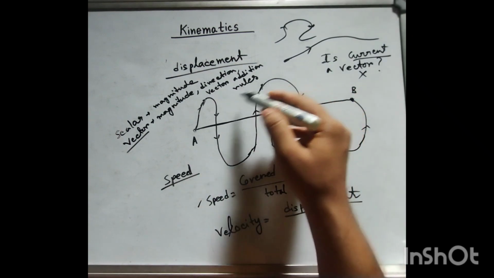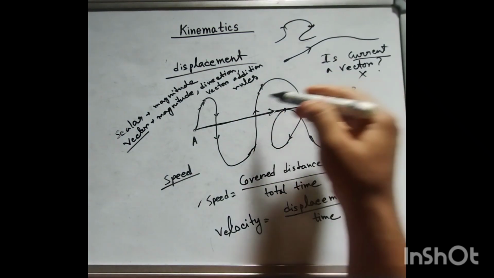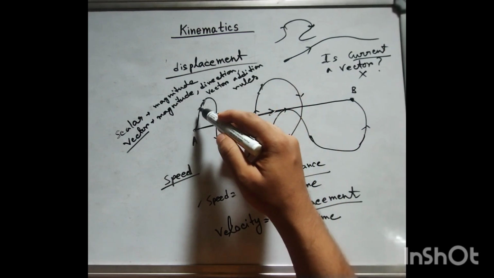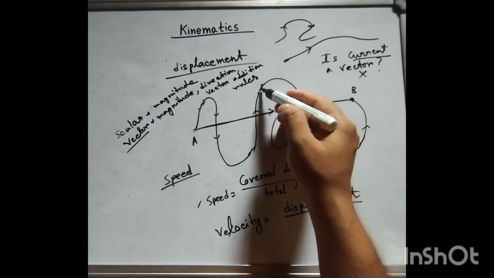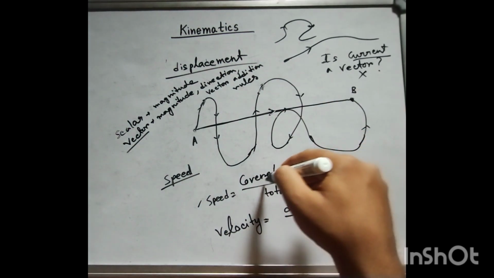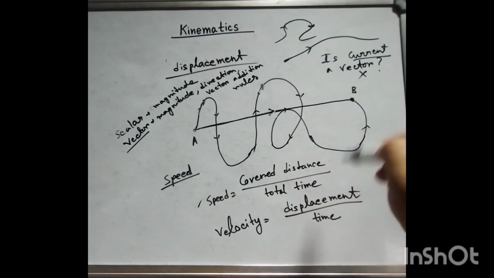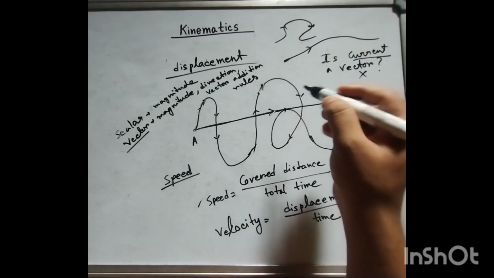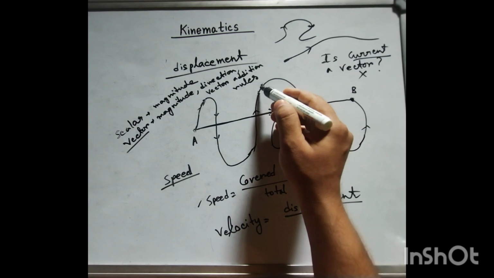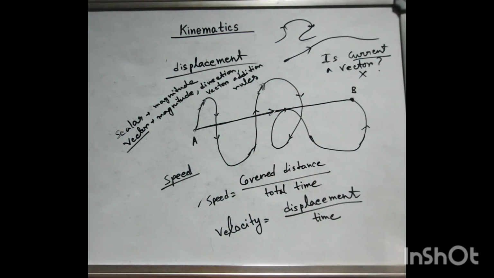When someone is traveling from a point to another point, it is not necessary that at every point he has the same speed. So when we find total distance by total time, we get average speed. But when we want to find instantaneous speed at a particular point, what will we do?